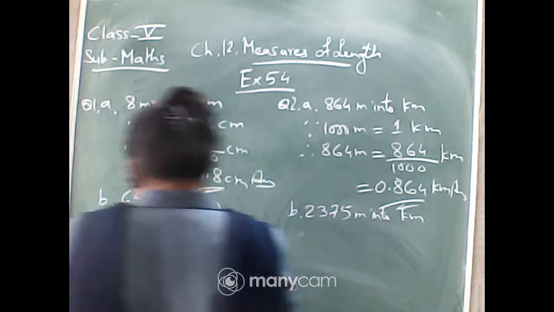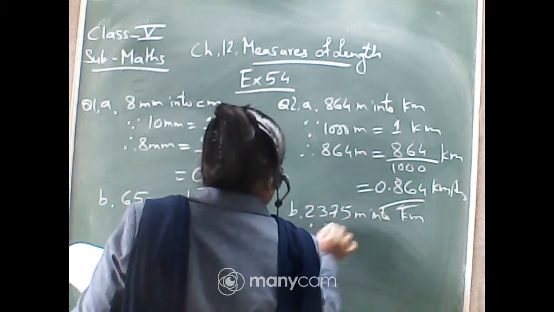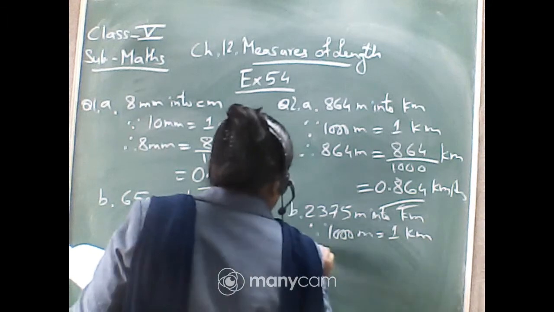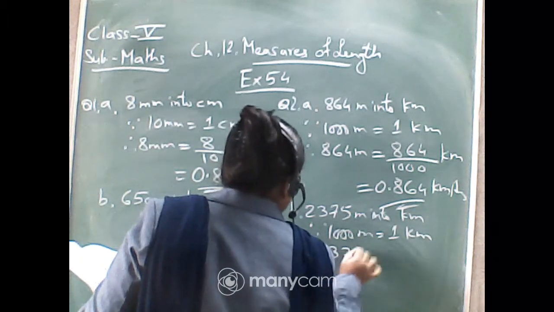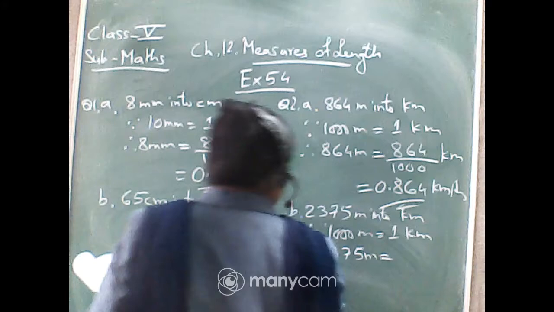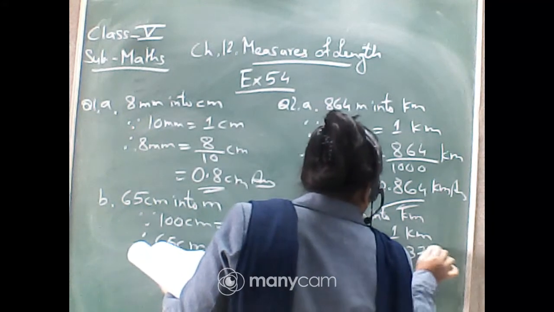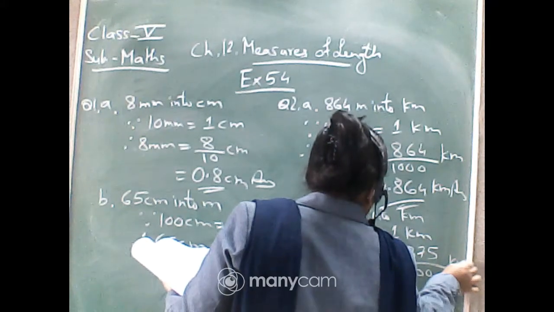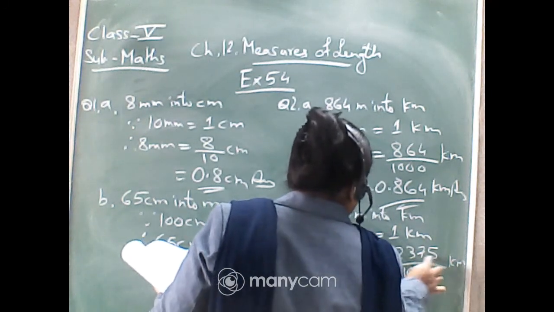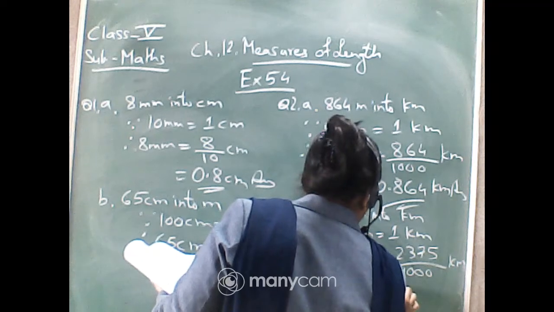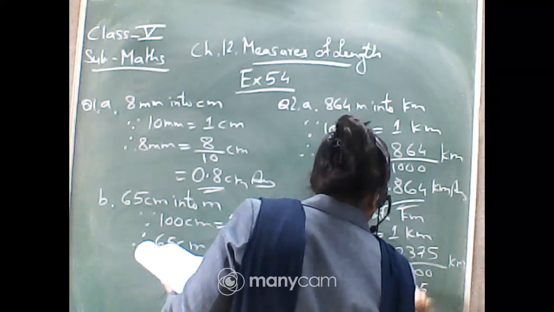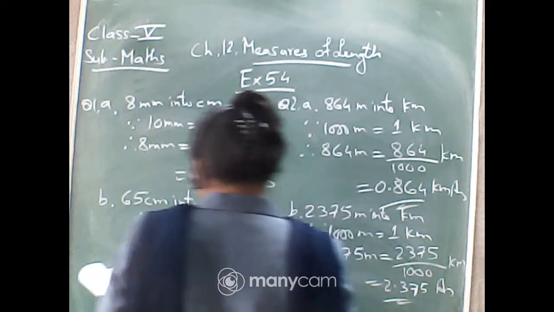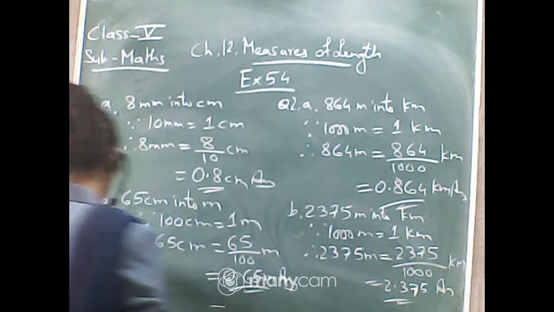The same thing you will write, that since 1000 meter is equals to 1 kilometer, therefore 2375 meter is equals to 2375 divided by 1000 kilometer. So when you divide, 1 2 3, that means the point will be here. 2.375 is the answer for number B.